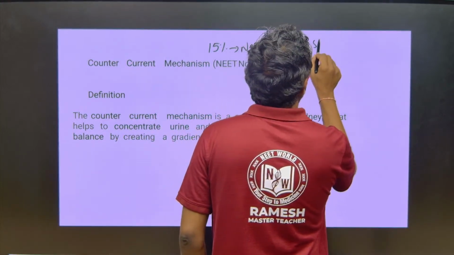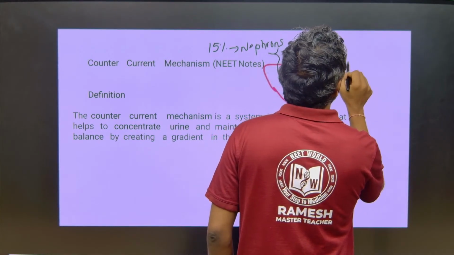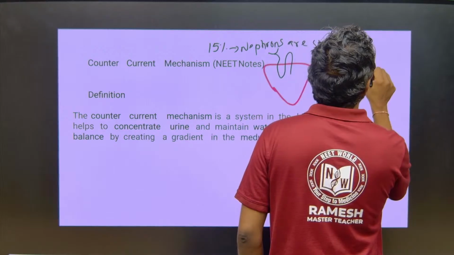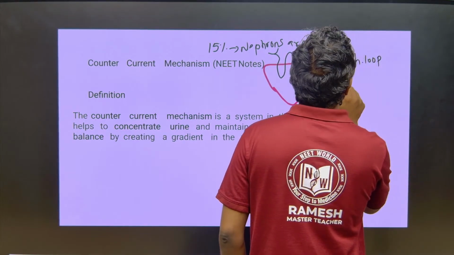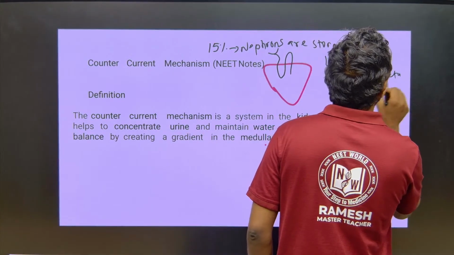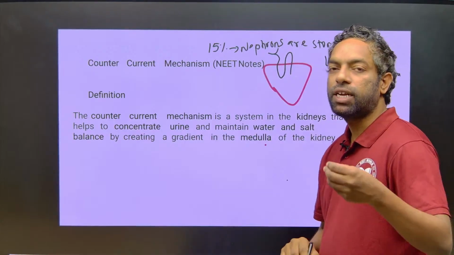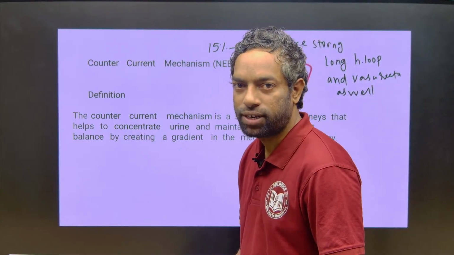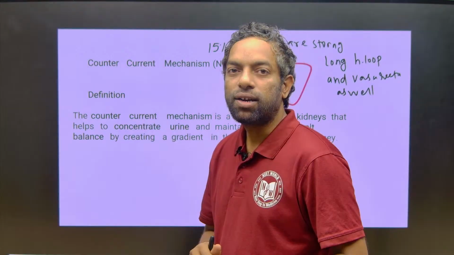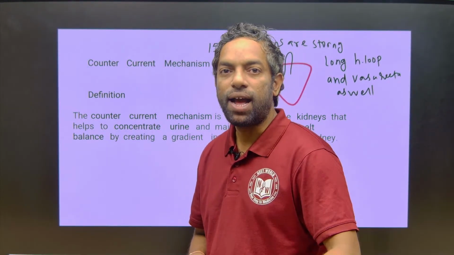They have strong and long Henle loops and Vasa recta as well. These 15% of nephrons we call juxtamedullary nephrons. They have a long renal tubule which enters into the medulla, along with the Vasa recta.